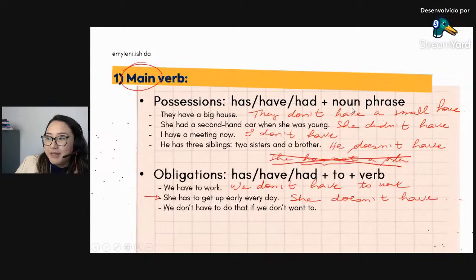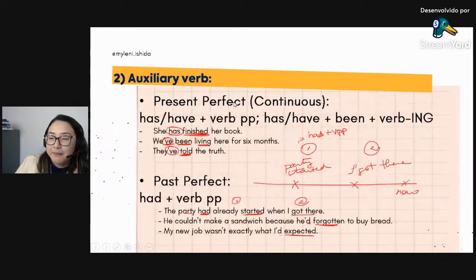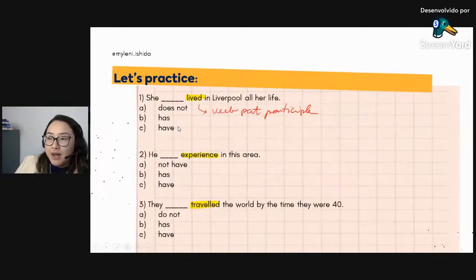It doesn't happen when I have the have or has as a main verb, okay? That's why you can eliminate letter A. Here you need to have has. In this case, the verb tense that I have here is the present perfect, right? Has lived. Has because it's she.